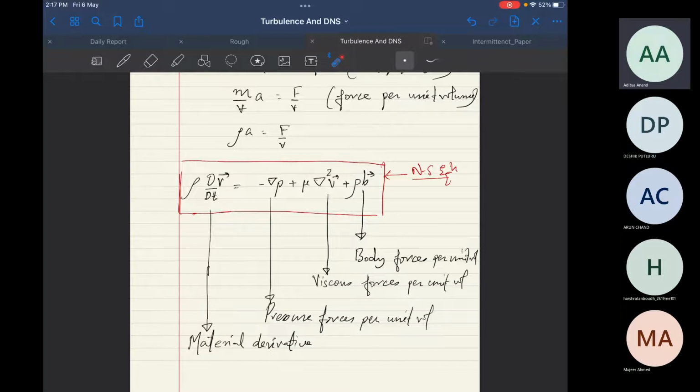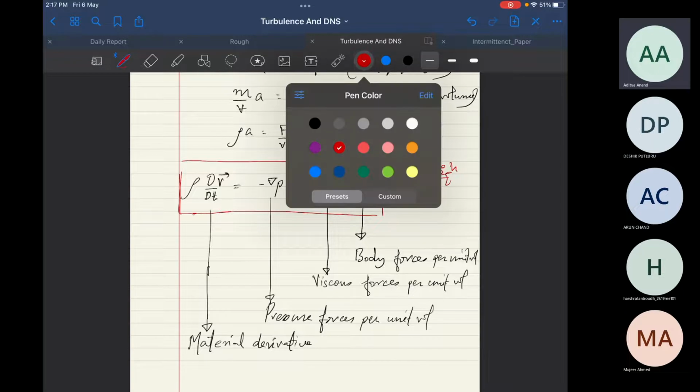This term dv by dt here is the material derivative. It quantifies the acceleration of a fluid. So in a continuous media, if you want to measure the acceleration of a fluid particle at a particular point, it will be given by this term dv by dt, and this would have an expression similar to this.